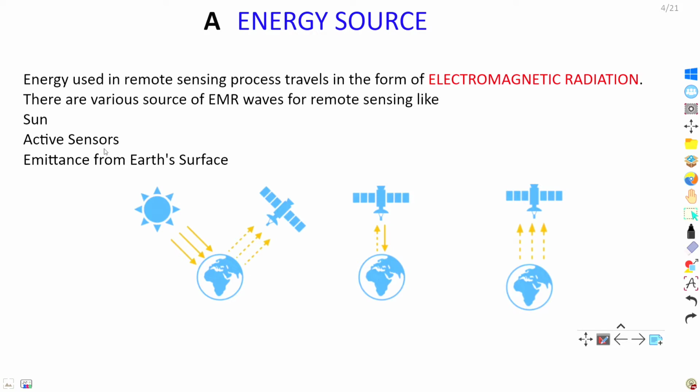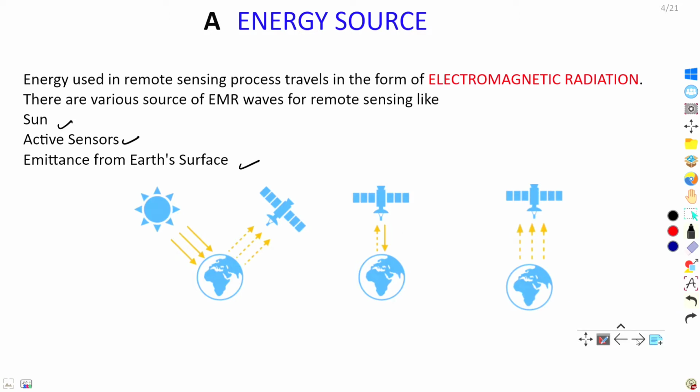And then there are some sensors which are themselves capable of sending electromagnetic rays toward the earth, and the reflected rays are recorded by them. There are also some sensors which record emitted rays from the earth surface. So emitted rays from the earth surface are also a source of energy. So here we are seeing three sources of energy: the sun, active sensors, and the earth surface itself.